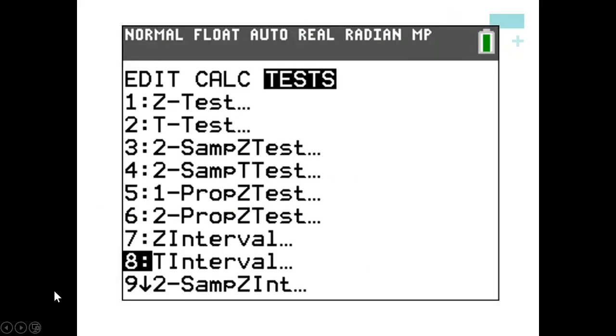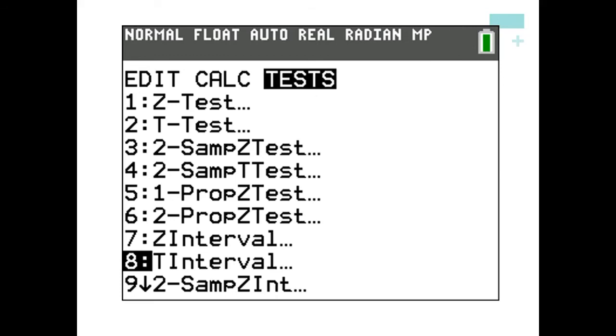In your calculator, and we'll go over some calculator stuff tomorrow when we come back here. In your calculator, it's in your stat menu. All of these problems that we've been doing, you can plug nice and easy into your calculator instead of calculating out all the formulas. So in your stat menu, where you put in your lists and one variable stats, you're going to scroll over to tests.